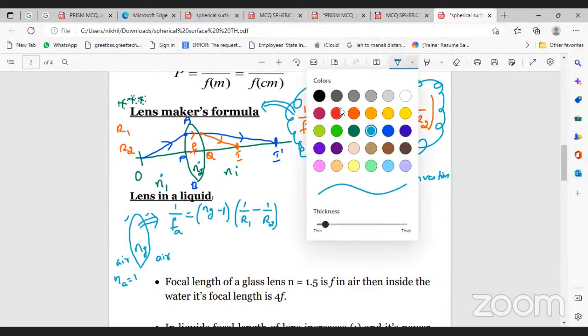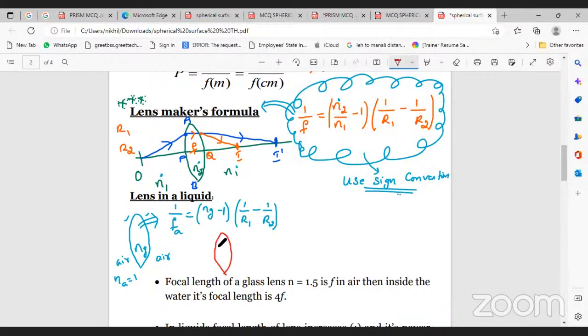Very good. Now I will write one more diagram. This is the lens. Refractive index of glass is Ng.